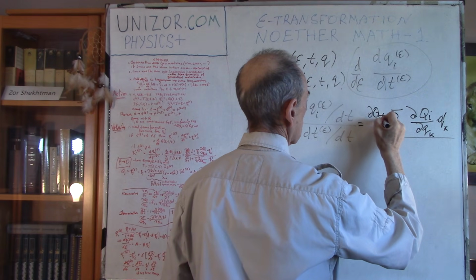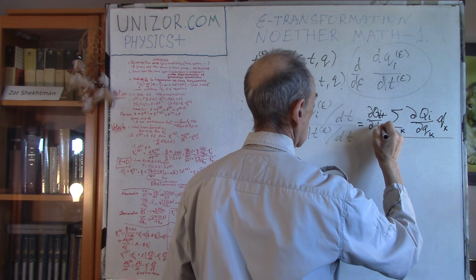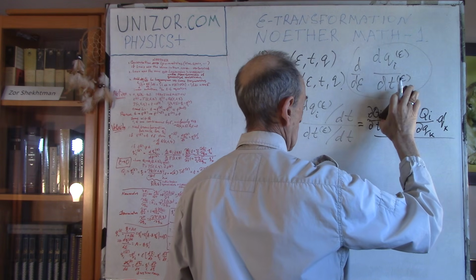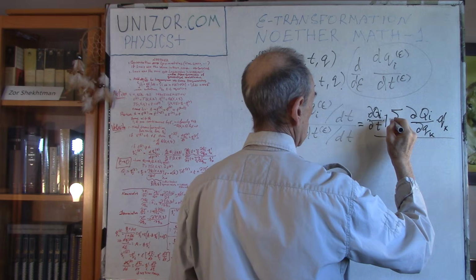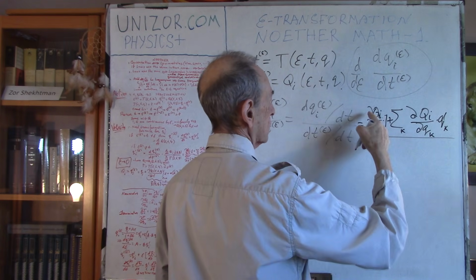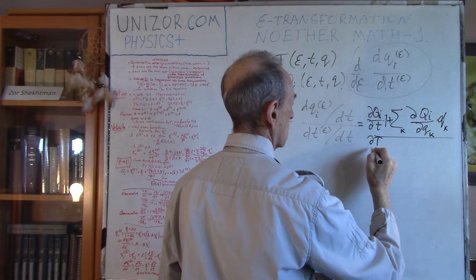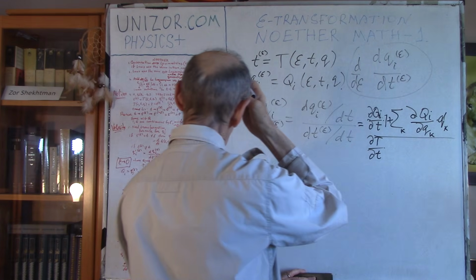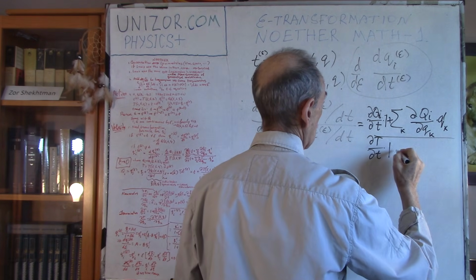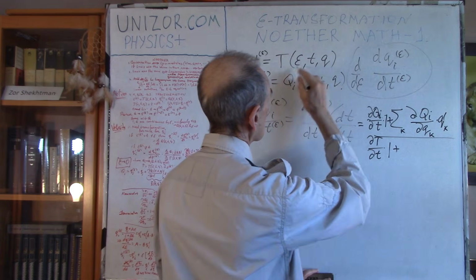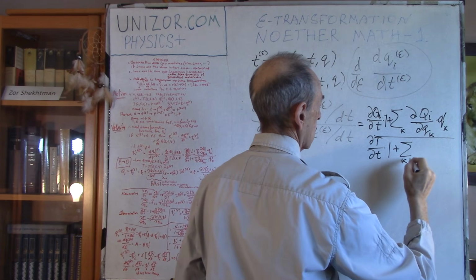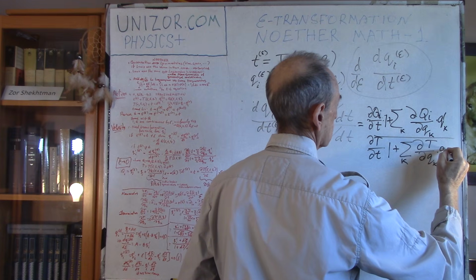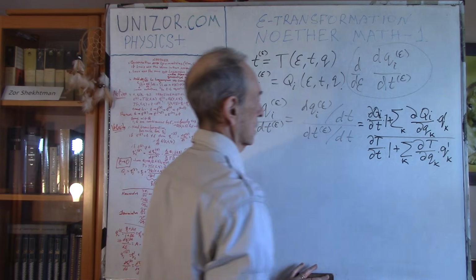Differentiation of q_i by dt times 1, plus, and here we have differentiation of dt by dt times 1, plus a similar thing. I have to put sum of dL by dq_k times q_k velocity.